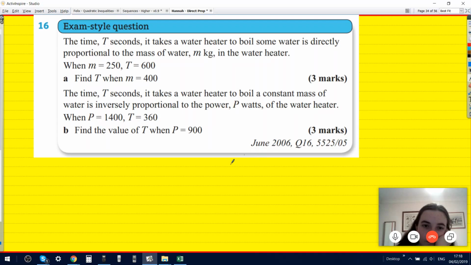T equals k over m. This is directly proportional. T equals k times m.